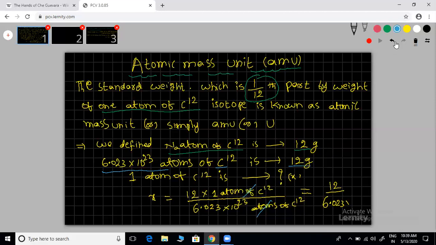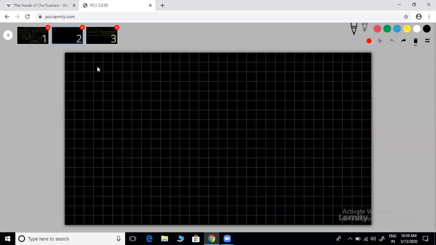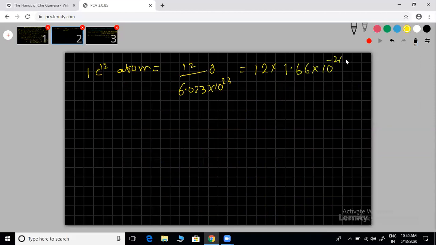One C12 isotope atom mass equals 12 by the Avogadro number, 6.023 into 10 power 23 grams. This is nothing but 12 into 1.66 into 10 power minus 24 grams.